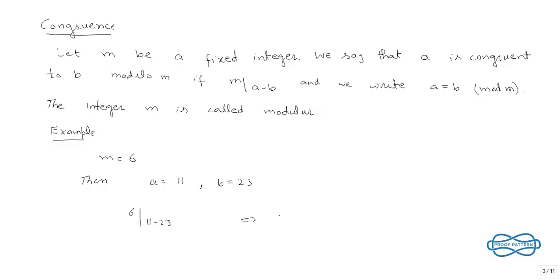This means 11 is congruent to 23, or 23 is congruent to 11 mod 6. And similarly, if we take A to be 11 and B to be 17, then also 11 is congruent to 17 mod 6. Alright. Now we move to some remarks.